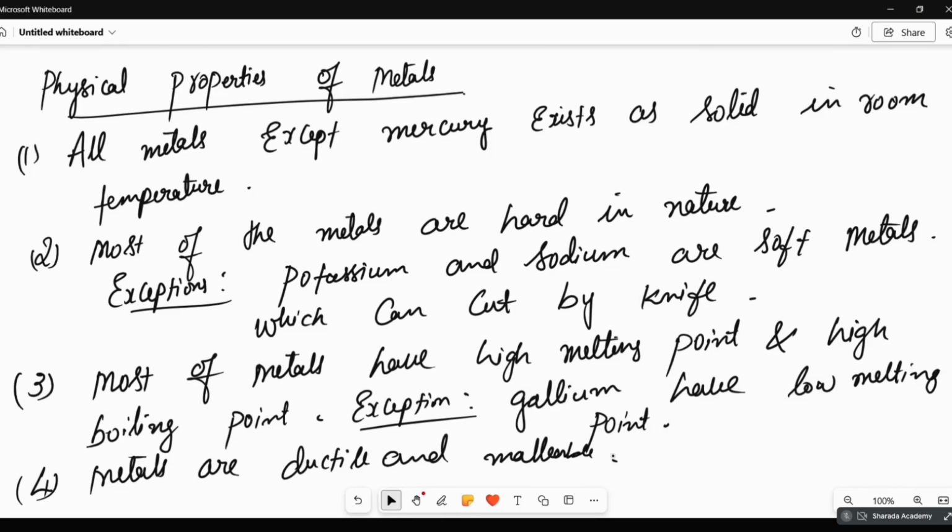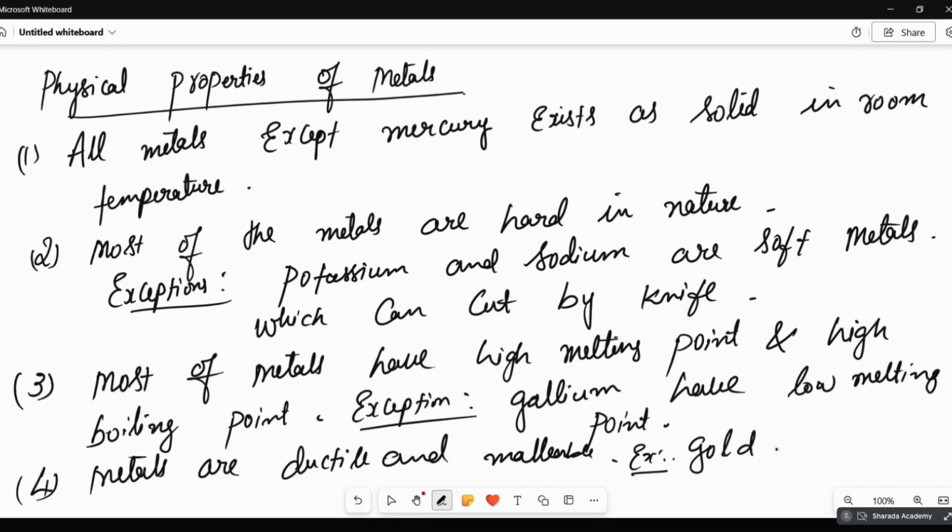Gold has the highest malleability and ductility, then comes silver.